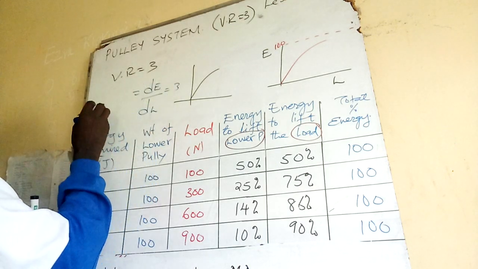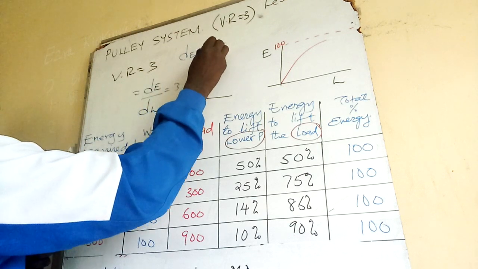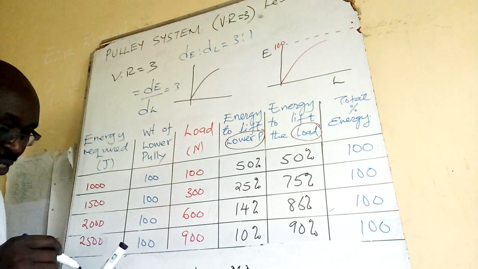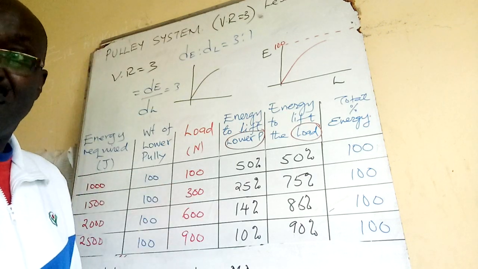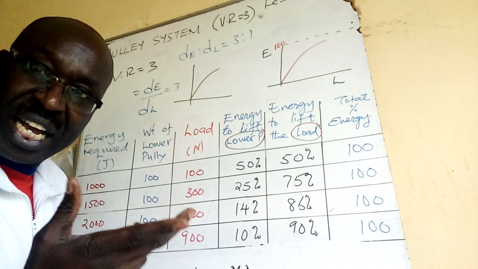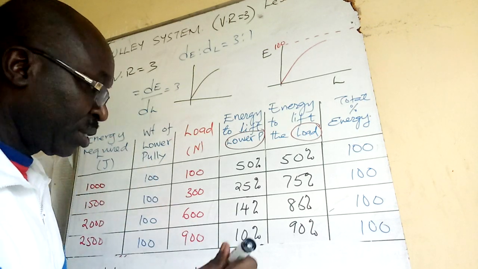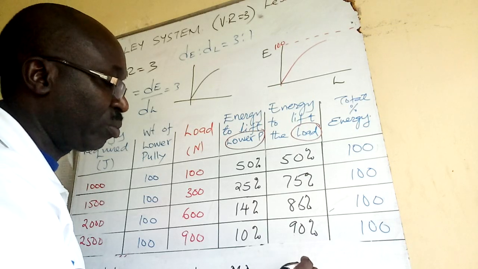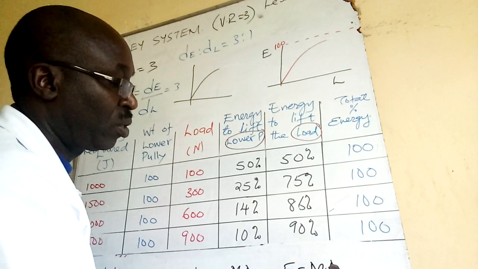So our ratio dE to dL is equal to 3 to 1. That's very important. How can I get efficiency?